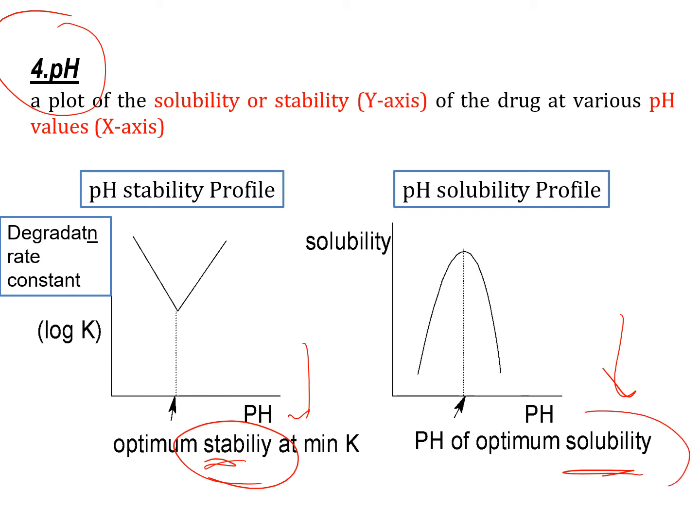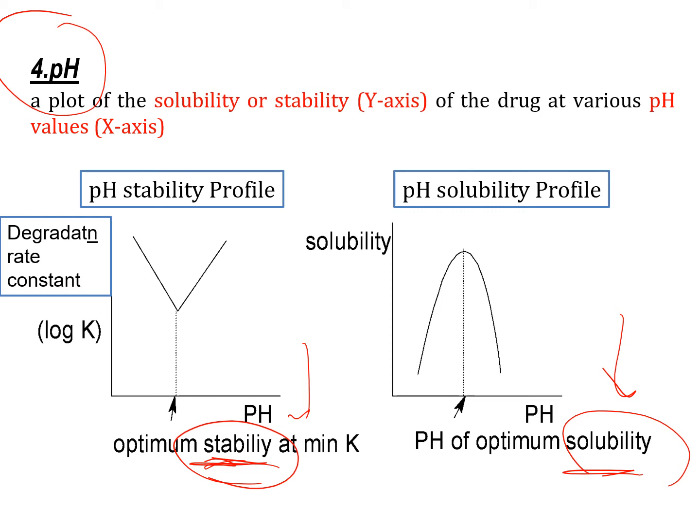But if the drug is insoluble, you can make it in the form of suspension. You can add solubilizer, you can add surfactant, you can add co-solvent to increase the solubility. But stability, you cannot avoid the problem because the drug will not remain active if it is unstable. And it may convert also into toxic substance.